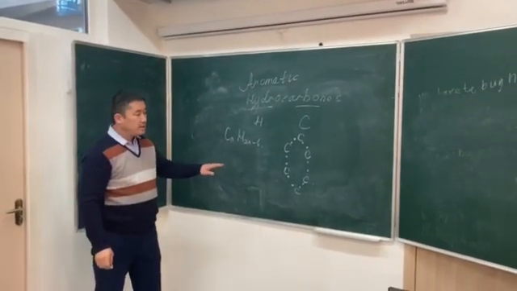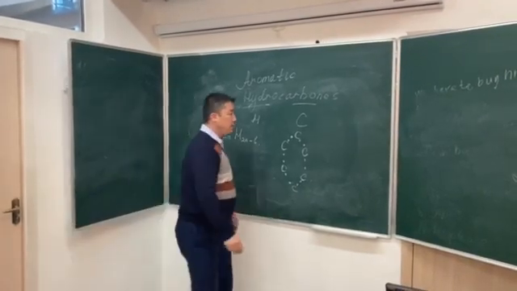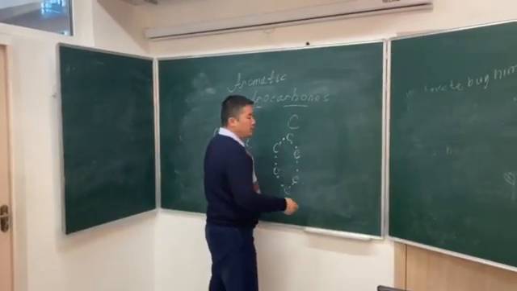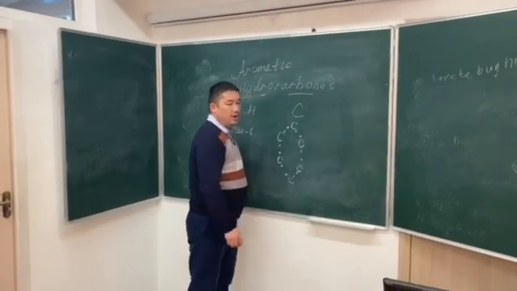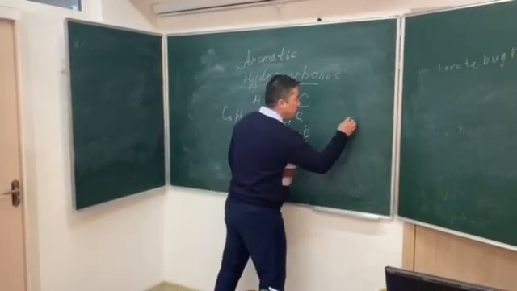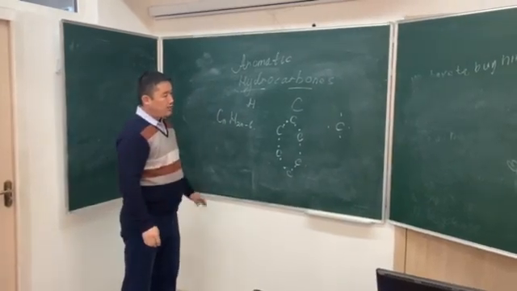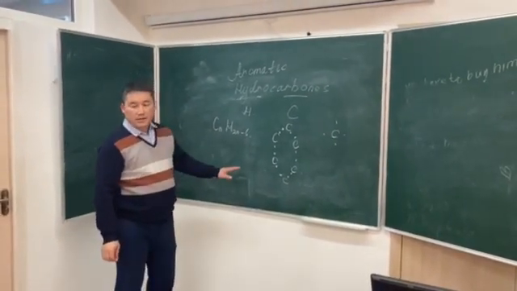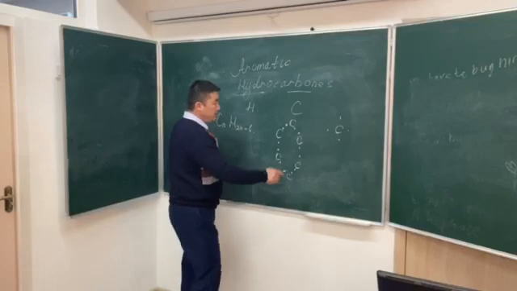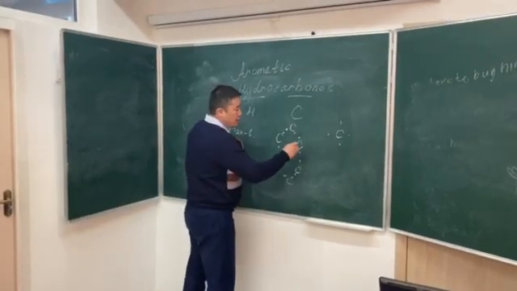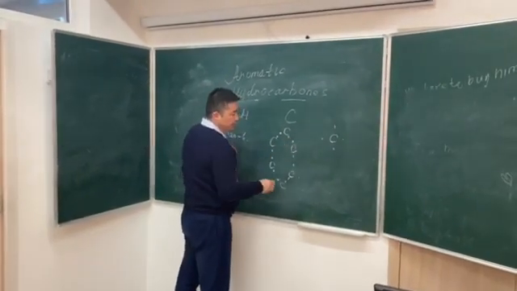Last lesson we learned about the carbon. Every carbon in the compounds has valence electrons of 4. It always uses 4 electrons to bond with other atoms. So now look here. This is 2 electrons.